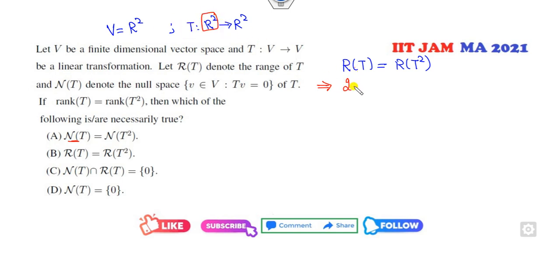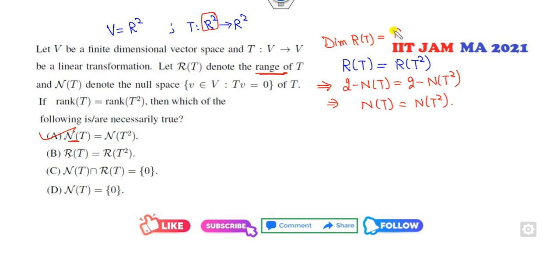This is 2 minus null space of T, is 2 minus null space of T square. What does it mean? N of T is N of T square. Fine. What is that? This R is range, so I can apply the dimension. So what is the dimension of this? It is also same as the dimension of this, so that means this is also same.